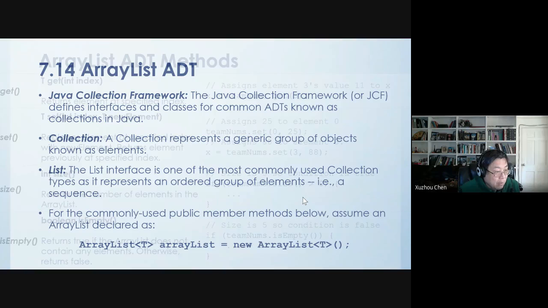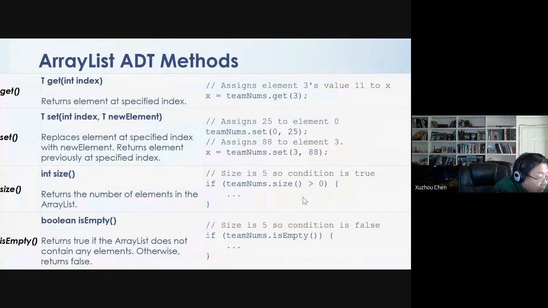These are the methods we can use to manipulate this group of objects of T type: get, set, size, isEmpty.